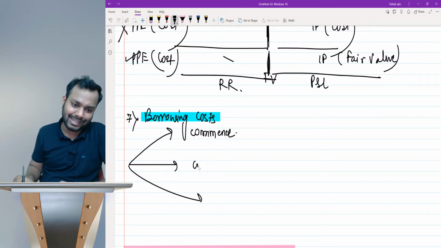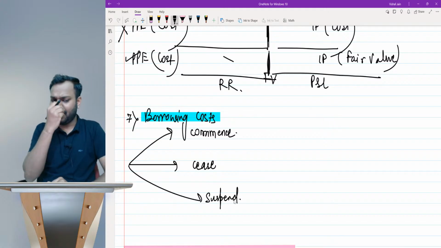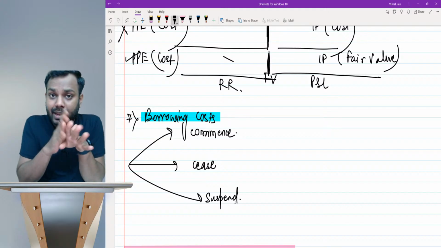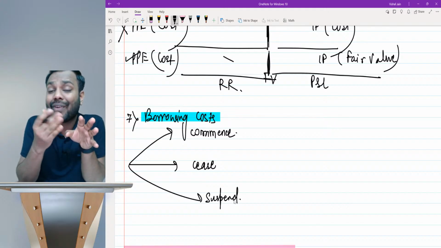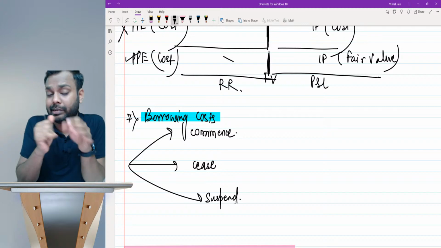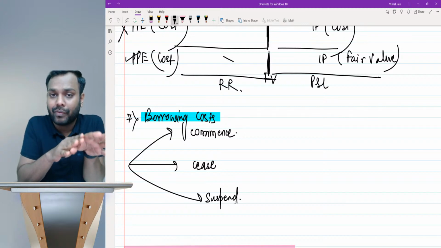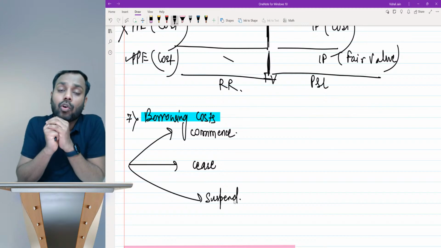When can it cease? And when can it suspend? But before that, let's understand that any borrowing cost incurred on the qualifying assets has to be capitalized to the cost of the asset.